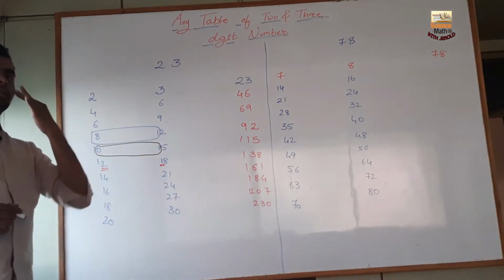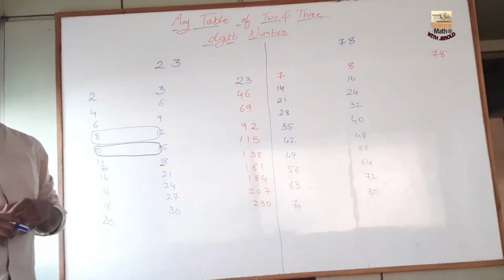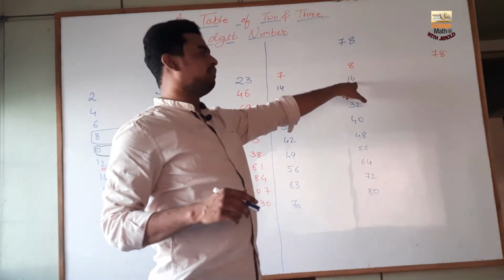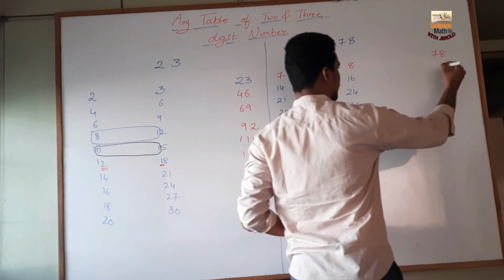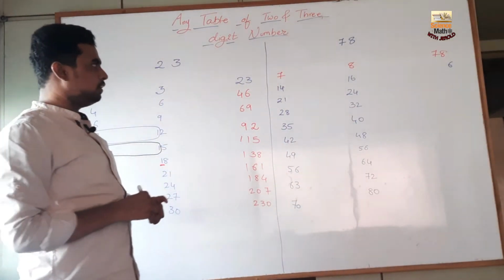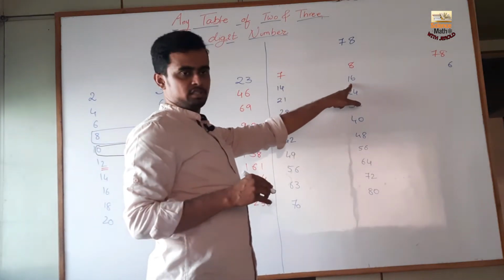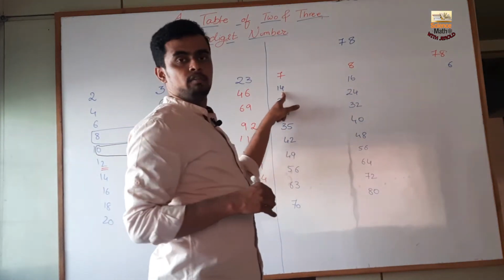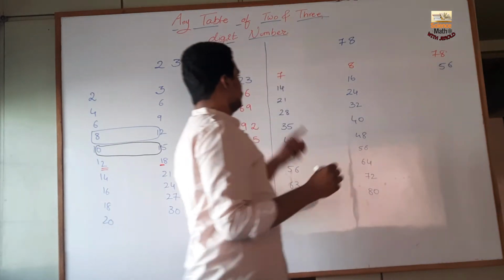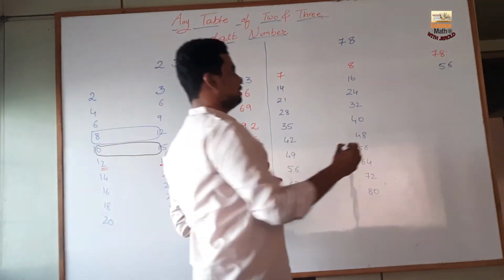Now let us see the table of 78. First thing that I do is write the final digit. So here I will write the number 6. Then I add the last digit and the first digit. So 1 plus 4 will give me 5. Finally, I write this number as it is.